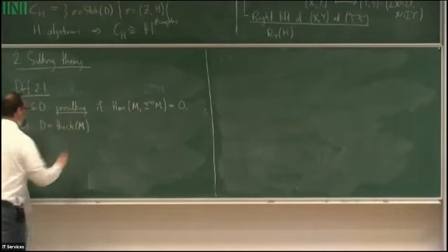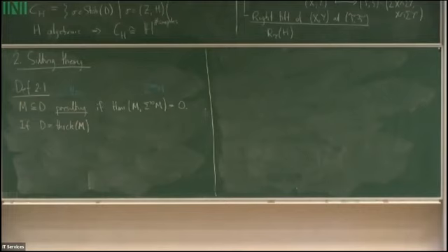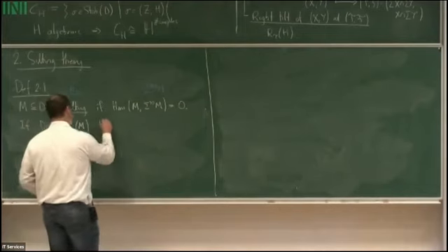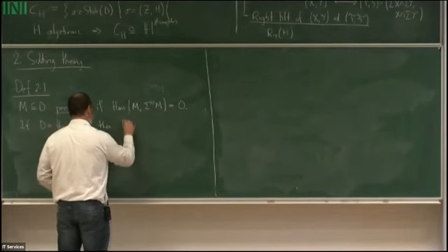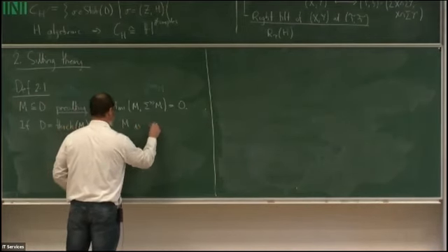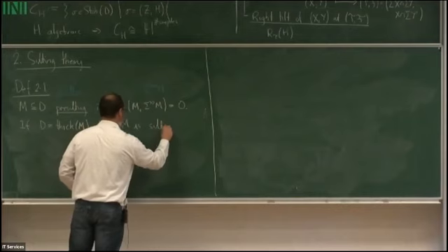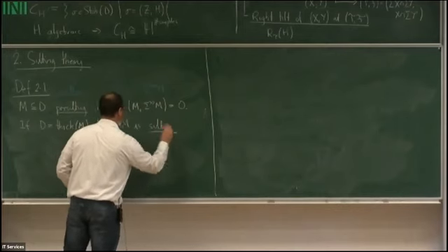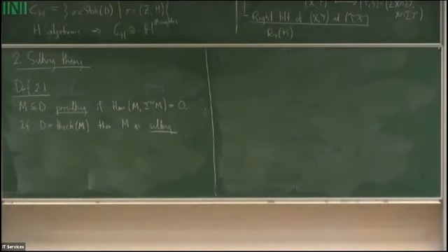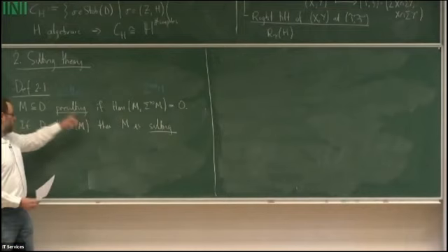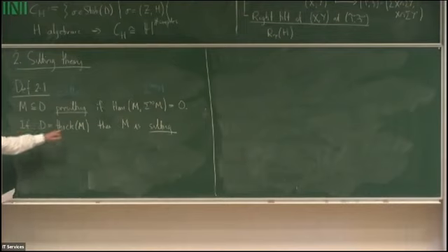If D is equal to thick M, so the smallest triangulated subcategory containing M, which is closed under direct summands, then M is silting. So the way to think about this is the pre-silting condition says that the objects of M are linearly independent, and this condition says that it's bounded.